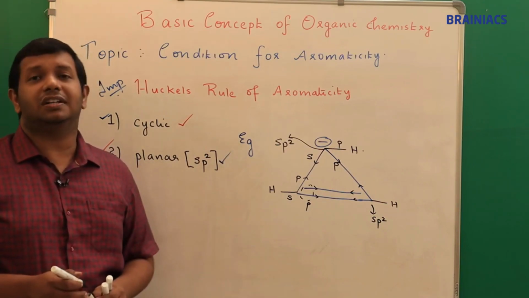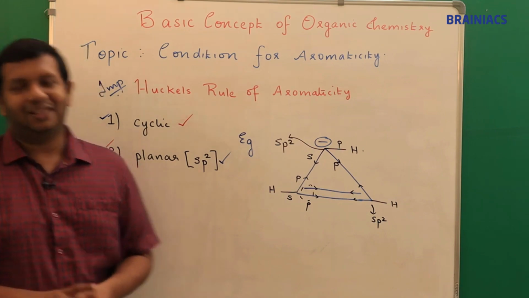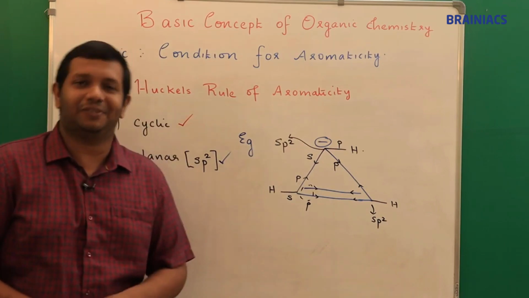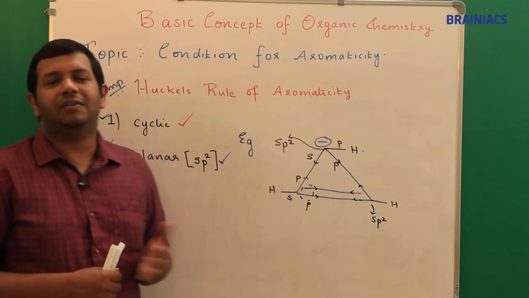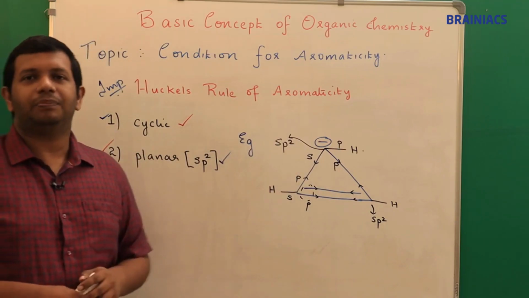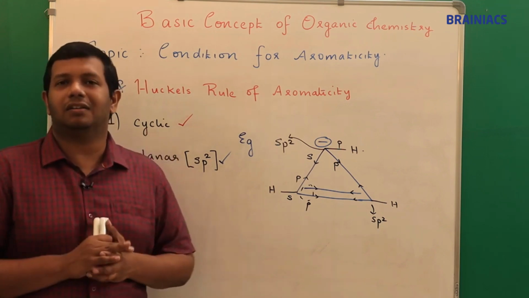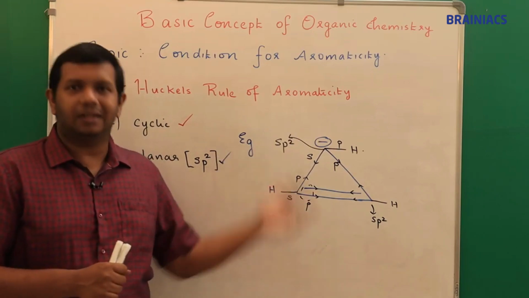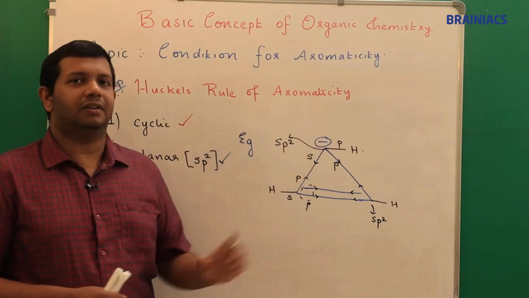Now comes the third condition, the most important condition, that is called cyclic resonance. To understand cyclic resonance, I should first explain what is resonance. We have a big topic on resonance here, but I will explain what is resonance to make you more familiar, because without understanding the physical concept, it will be very difficult. Then I will explain what is cyclic resonance. Then we will check. I will give you a shortcut to identify.